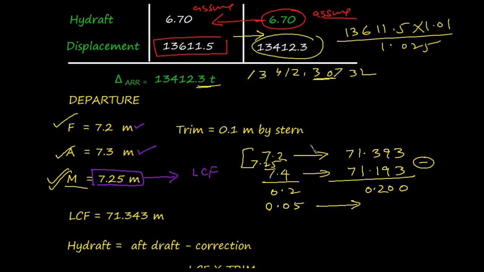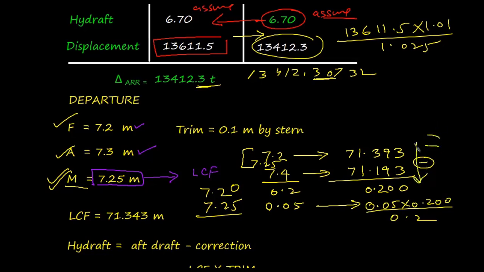It's 0.05. So 0.05 into 0.2 upon 0.20. And you should increase or decrease? Decrease, minus.